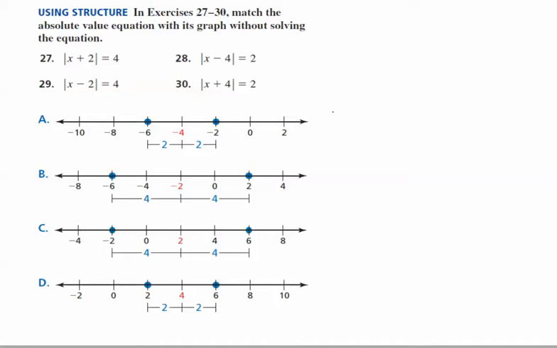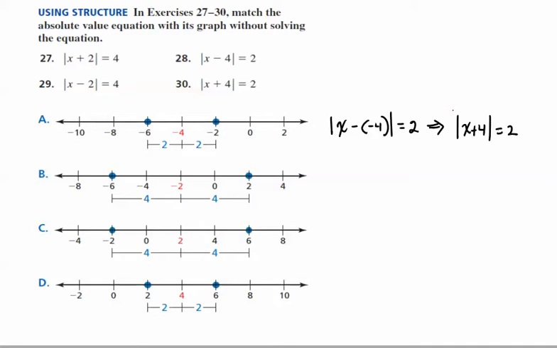For letter A, it's x minus the center. You can see there that the center is -4. Absolute value of x minus the center equals the distance from the center. And we'll just simplify. X minus -4 means absolute value of x plus 4 equals 2.